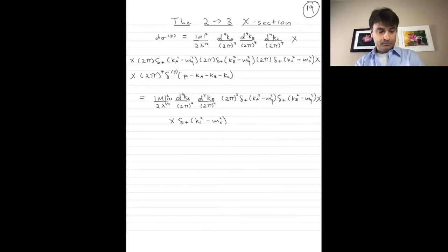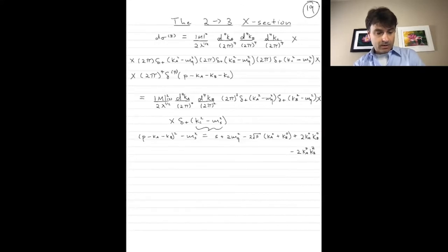Okay, so that is our next step. Now, I'm going to want to use this on-shell delta function to eliminate one component of KB, and I want to use this delta function to eliminate the other component of KB.